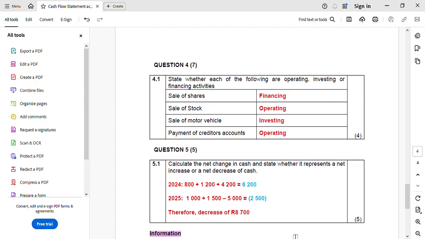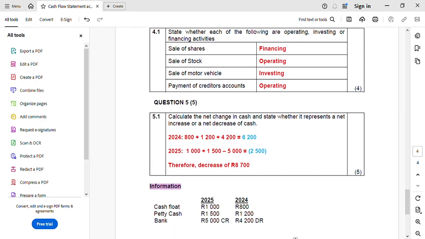Right, and then you need to calculate the change in cash here. At the beginning of the year, we had cash float, we had petty cash, and a favorable bank balance. So all those numbers get added to give you 6,200. If you look at the end of the year, we started with cash floats, we had petty cash, but the bank was unfavorable, which means we're going to subtract those.